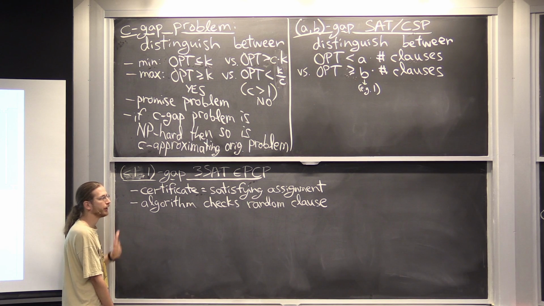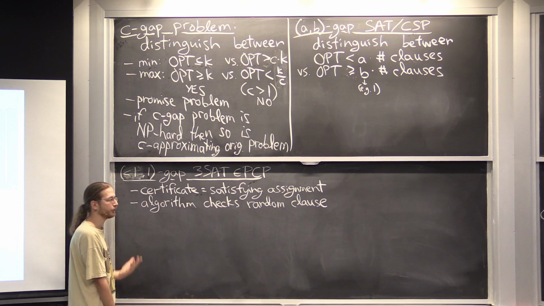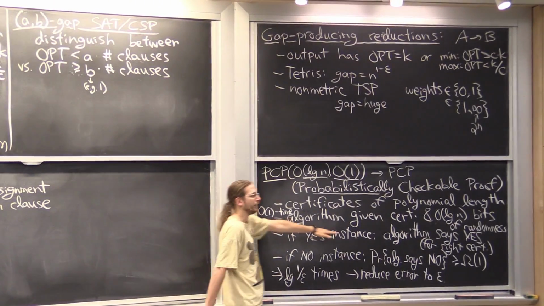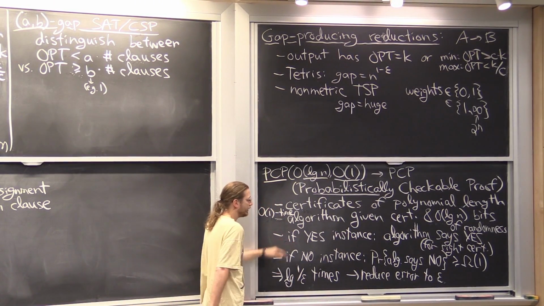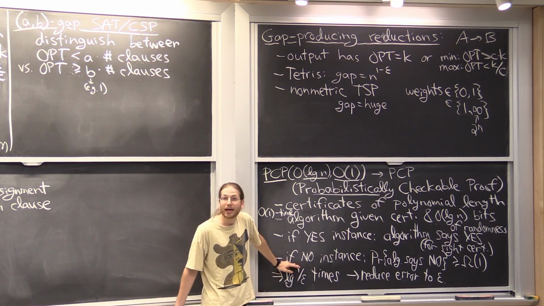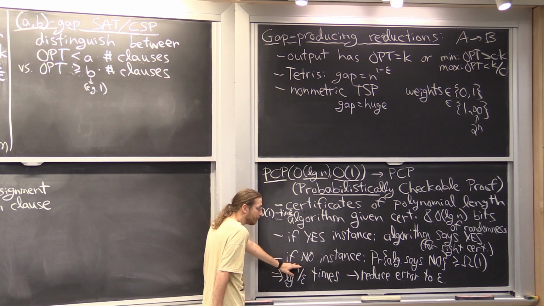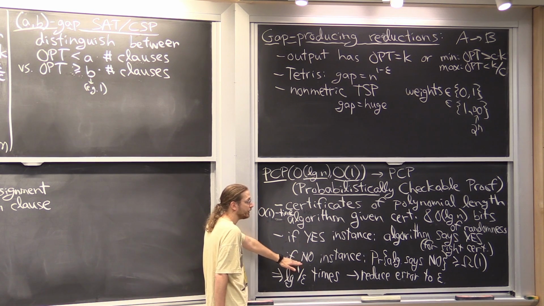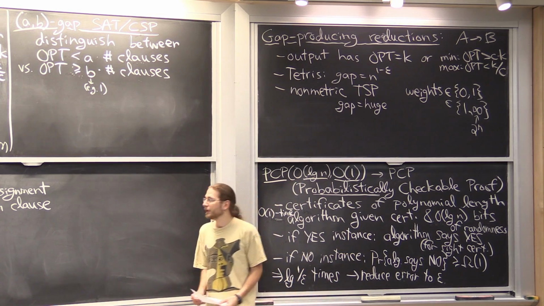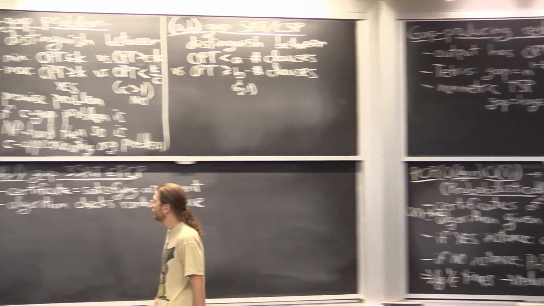If the clause is satisfied, the algorithm returns yes. Otherwise, return no. Now, if it was a satisfying assignment, the algorithm will always say yes. So that's good. If it was not satisfiable, we know that, let's say, at most half of the clauses are satisfiable, which means in every certificate, the algorithm will say no at least half the time. And half is whatever that constant is.